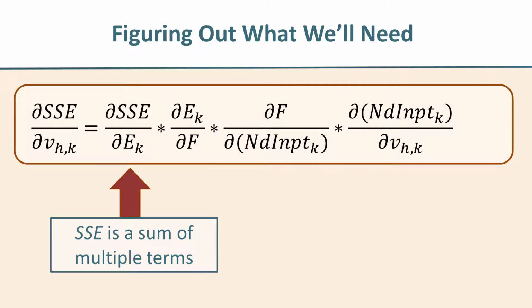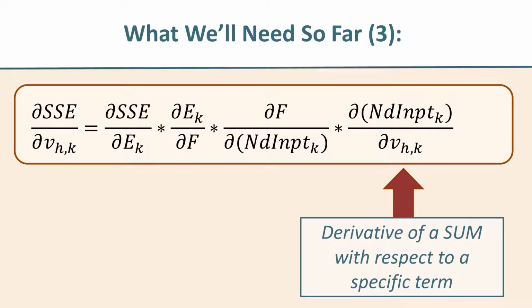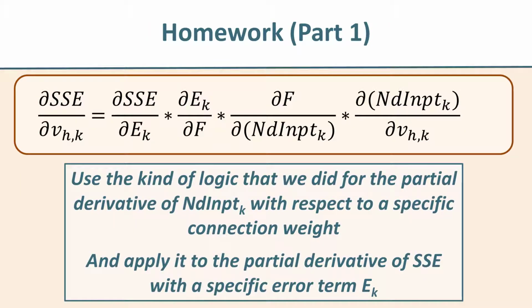So one homework step that we could assign ourselves is to use the same kind of logic that we had when we took the partial of the inputs into a node with respect to a connection weight. Let's use that same logic and get the partial derivative of the sum squared error with respect to a specific error term.